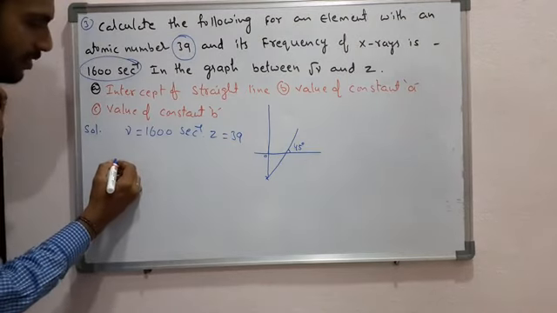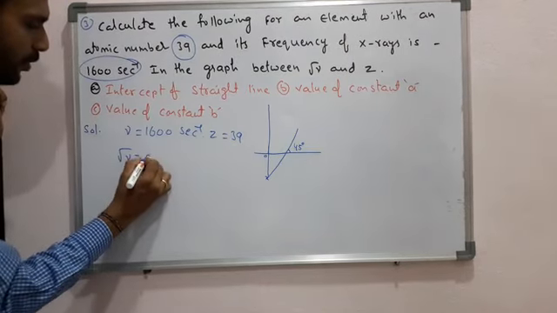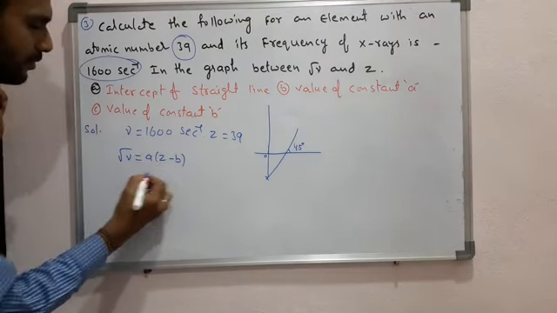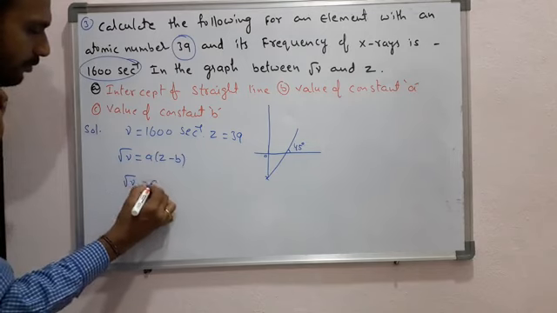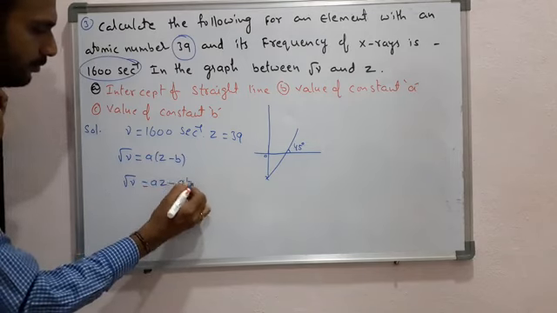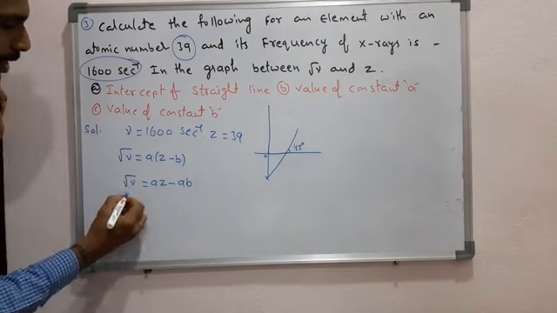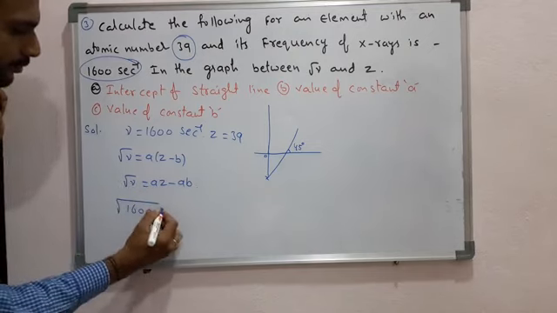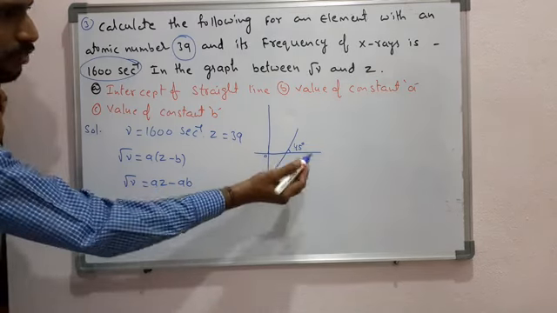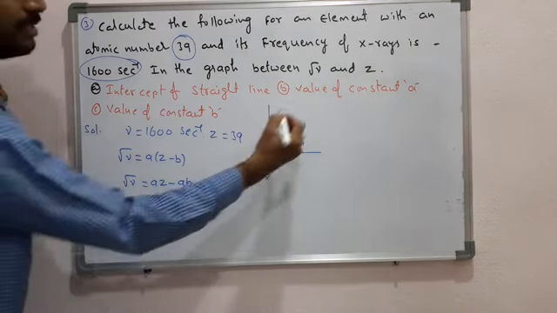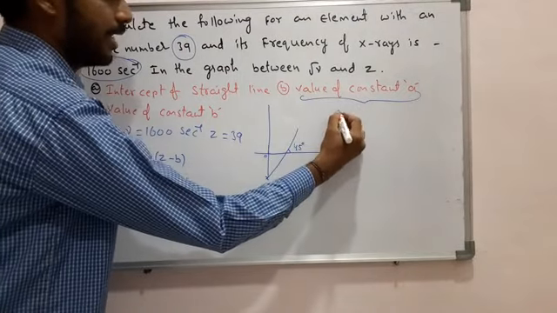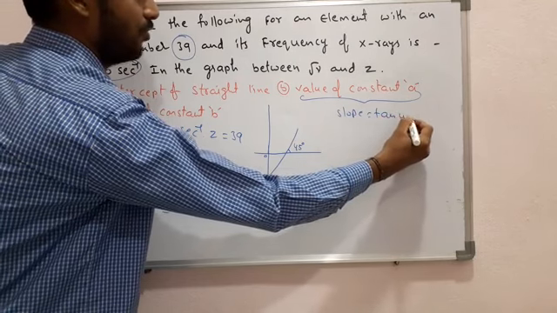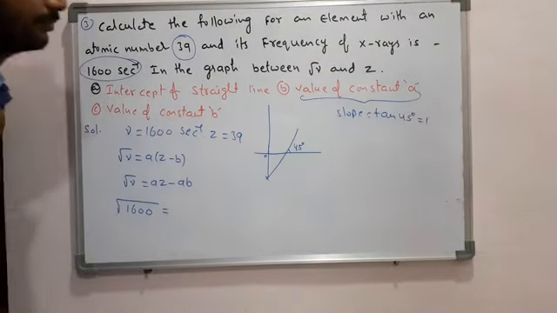So what is the Moseley's equation? Root nu is equal to A(Z minus B), so root nu means root 1600. A is nothing but tan 45, the slope equals tan 45 degrees equal to 1.